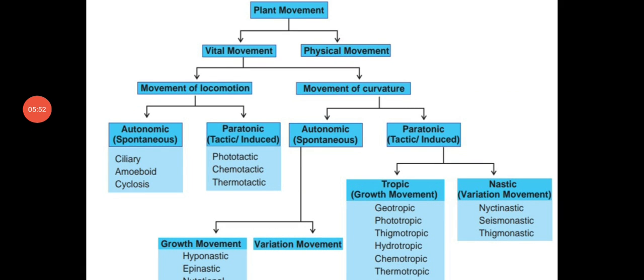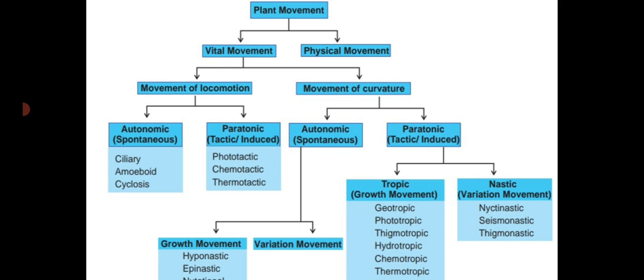Dear students, see the classification of plant movement. It is divided into two, vital and physical movement. Vital movement is again divided into two types based upon the movement of locomotion and movement of curvature. Movement of locomotion is again divided into autonomic, that is spontaneous, automatic.